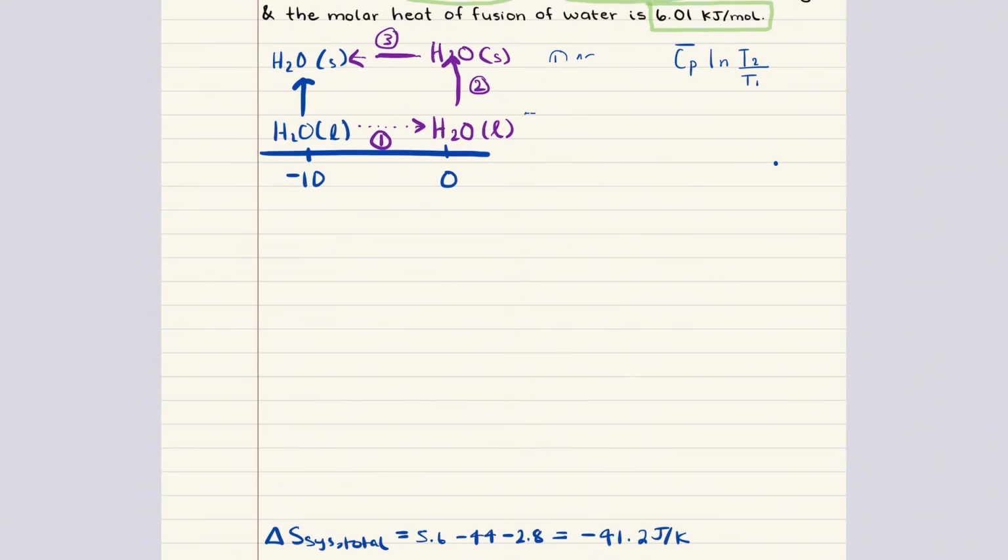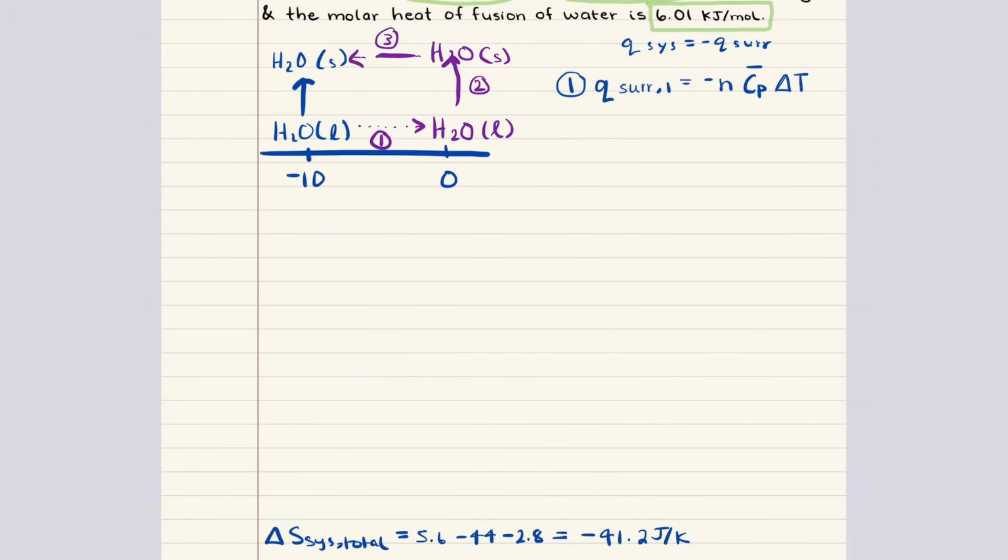To calculate the value of delta S surroundings, we have to determine the heat change in the surroundings for each of the above steps. So during step 1, the system absorbs heat to warm the liquid. Therefore, the surroundings lose the same amount. So we're going to calculate Q surroundings for that first path.